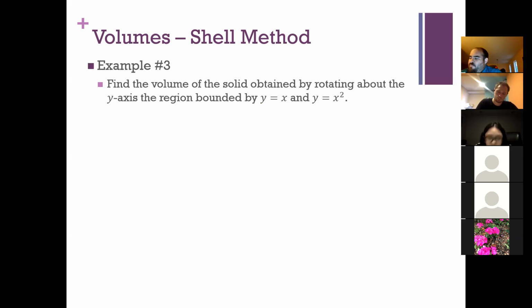I think we dealt with this region a little bit yesterday, so I'll go ahead and jump start and draw it out.